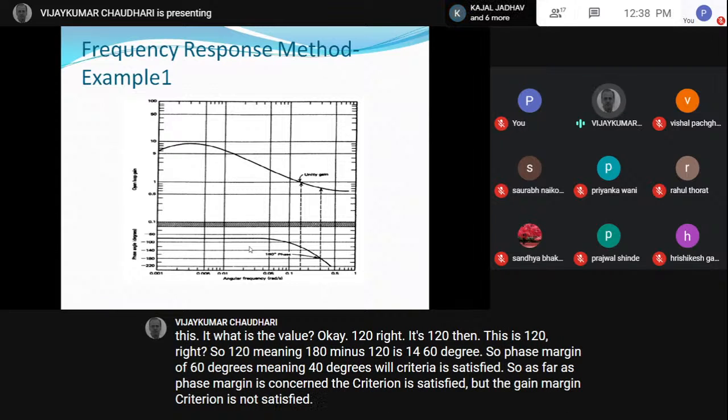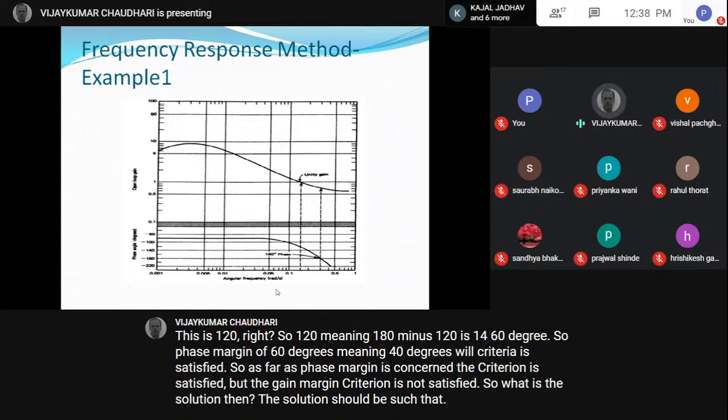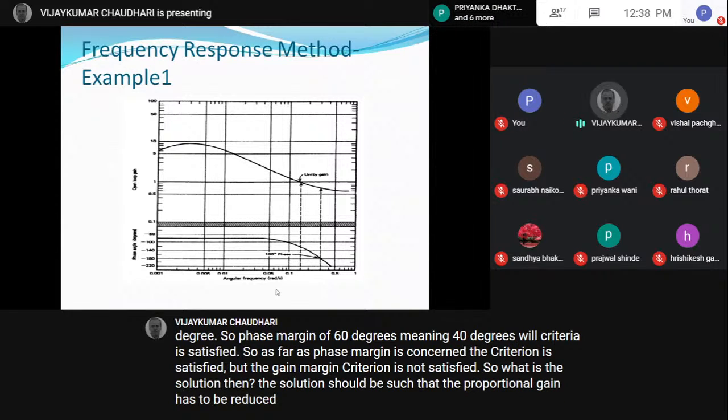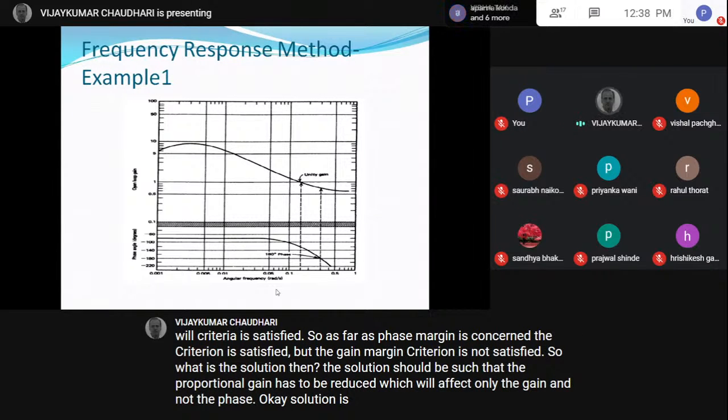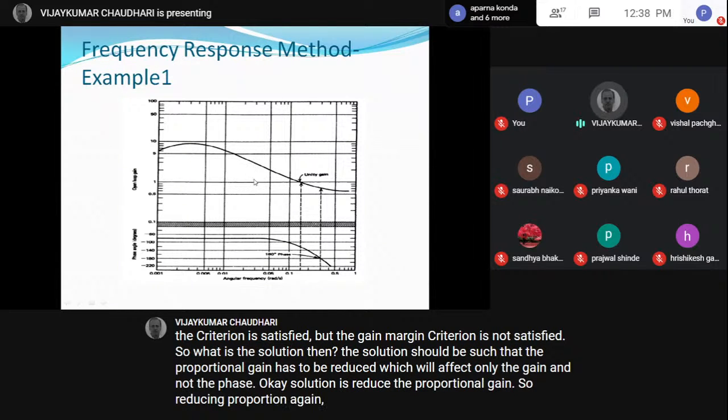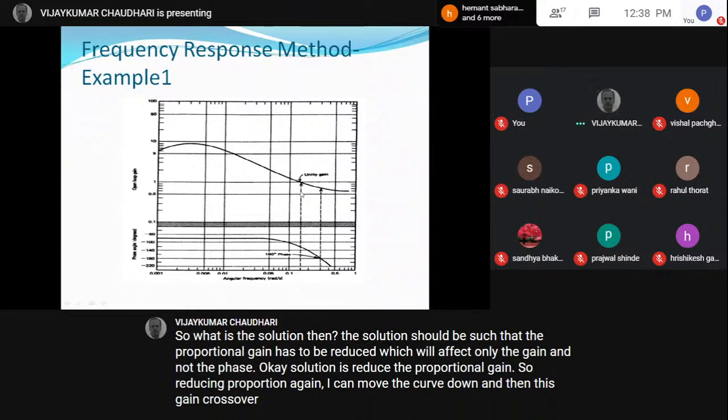So what is the solution then? The solution is that the proportional gain has to be reduced, which will affect only the gain and not the phase. By reducing the proportional gain, I can move the curve down, and then this gain crossover frequency will move leftwards.